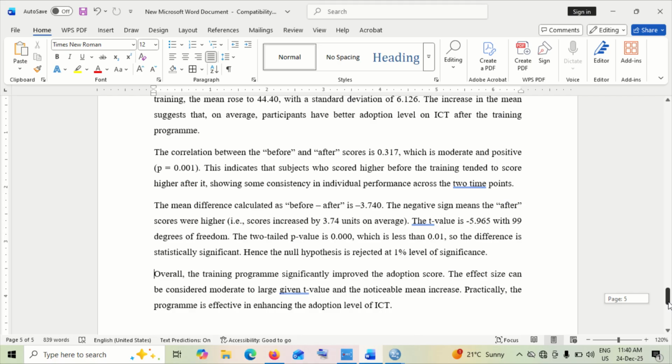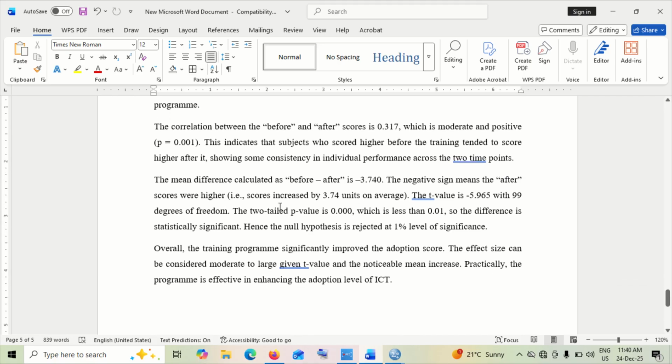And moving to the next part, the difference calculated as before minus after is minus 3.740. The negative sign means after scores were higher, that is score increased by 3.74 units on average.